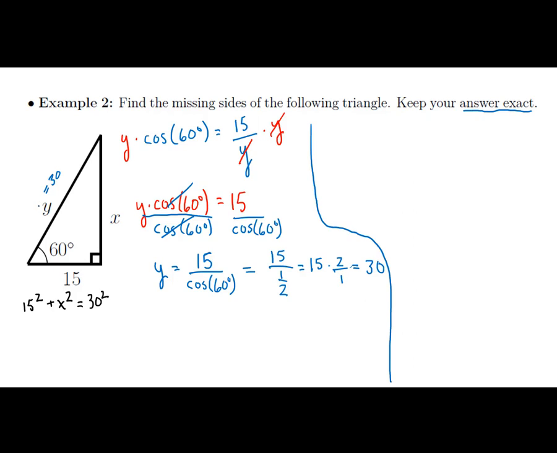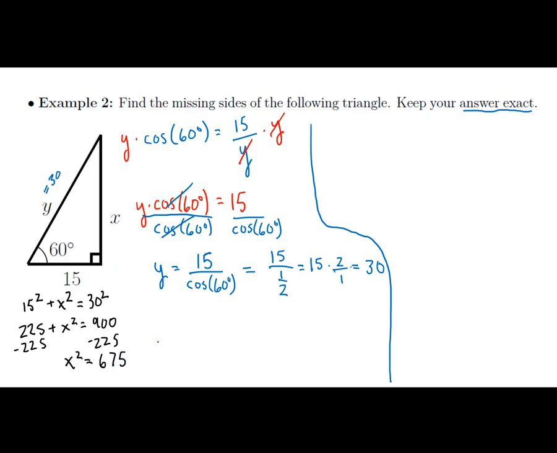A squared plus b squared equals c squared. So you could figure this out just from using the Pythagorean theorem. You could figure out what x is. And so if I subtracted 225 and subtracted 225, I would get x squared is equal to 675.